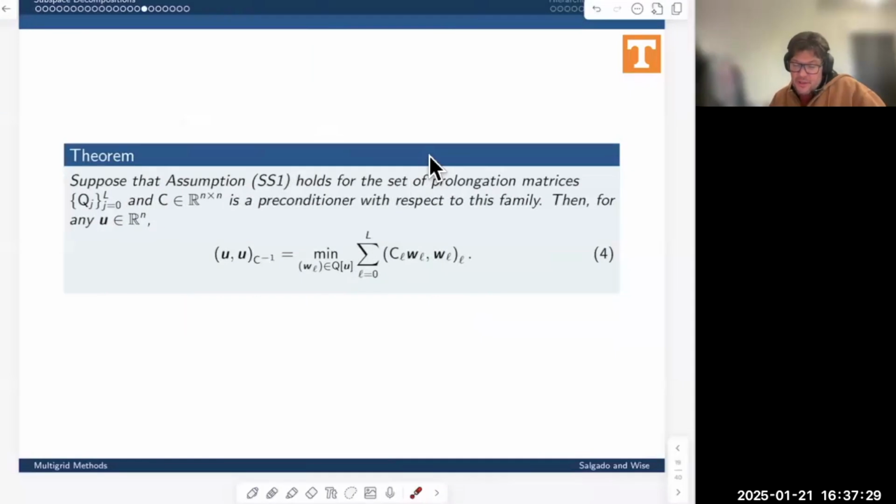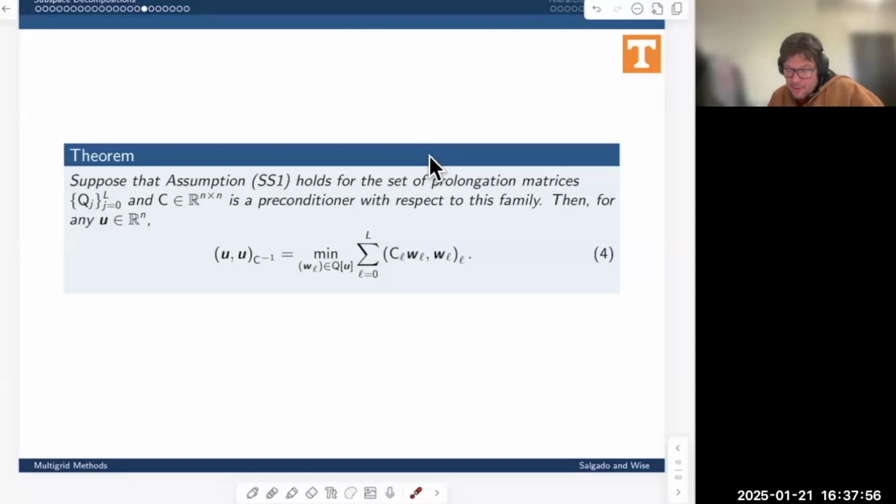Suppose that assumption SS1 holds for the set of prolongation matrices, and C is a preconditioner with respect to this family. Then, for any u in R^n, u measured in this inner product against itself, so this is the C inverse inner product where C is that preconditioner, can be represented in a different way.